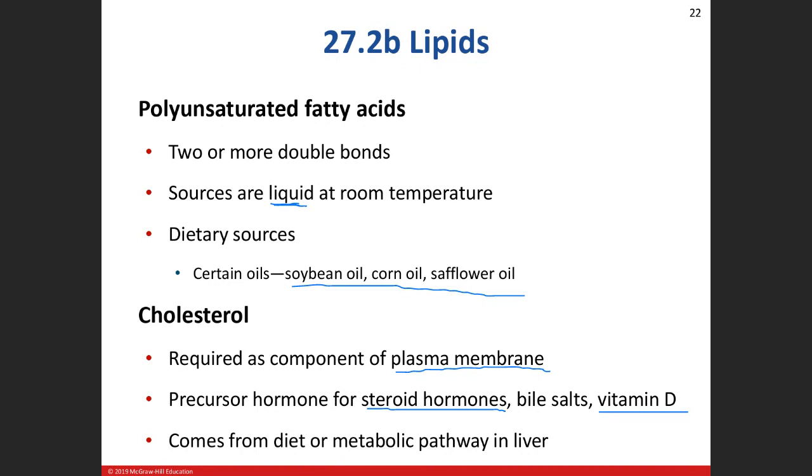Vitamin D helps with the absorption of calcium from the small intestine. High levels of vitamin D help to decrease certain types of leukemia. We're seeing that it also helps with the immune system.